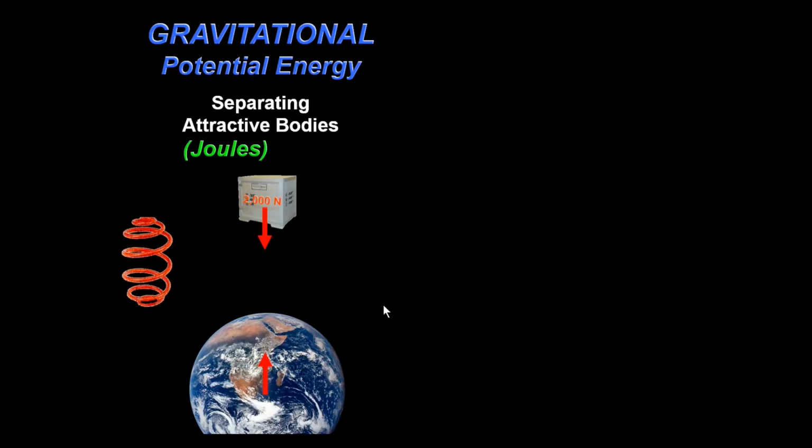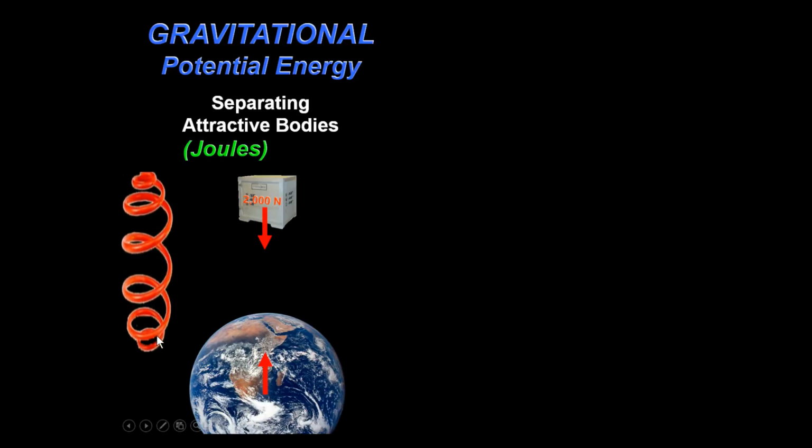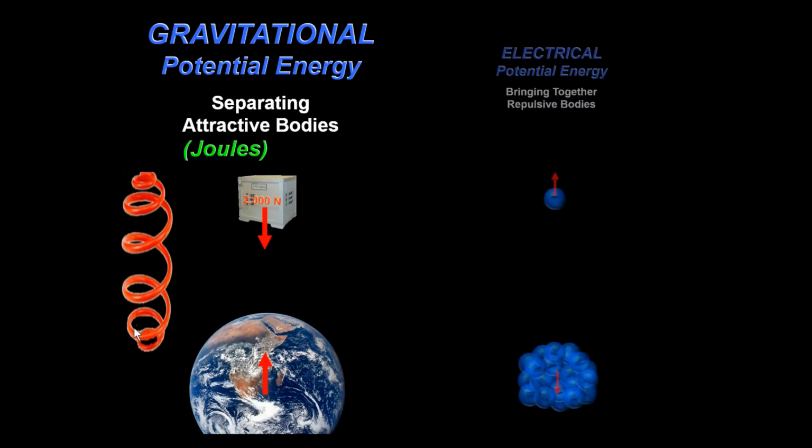So the comparison here is if we had a very heavy spring and we stretched that spring, while the spring is in the stretched state, it has spring potential energy. As soon as you let go of it, it can snap back and do work on whatever it is touching.